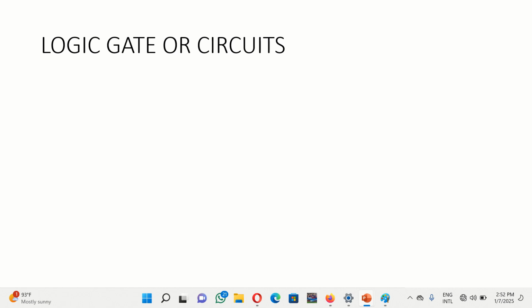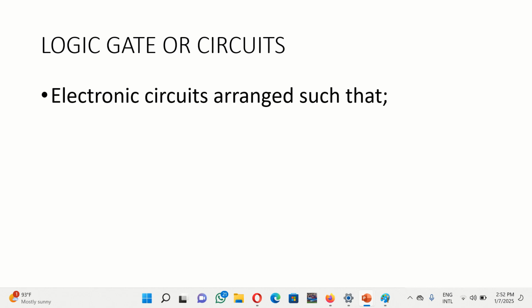Logic gate is simply electronic circuits which are arranged. They are mostly found within appliances. When I talk about appliances, the gadgets that we have around, our motors, our fridges and all that, blenders, they all use logic gates.